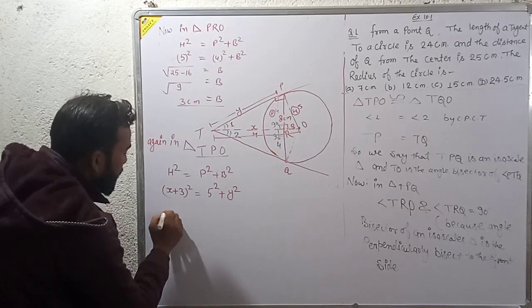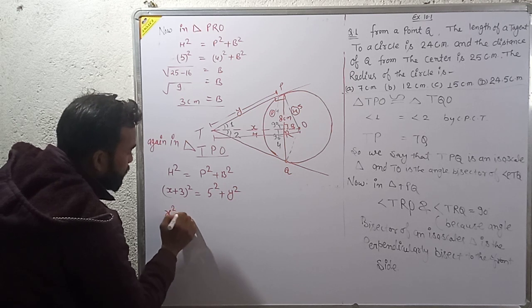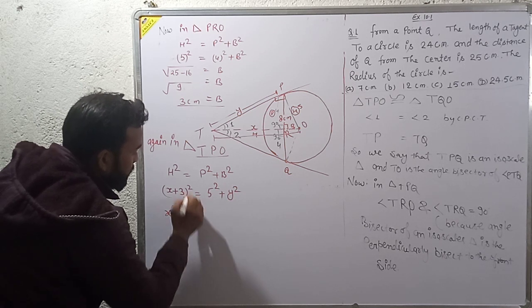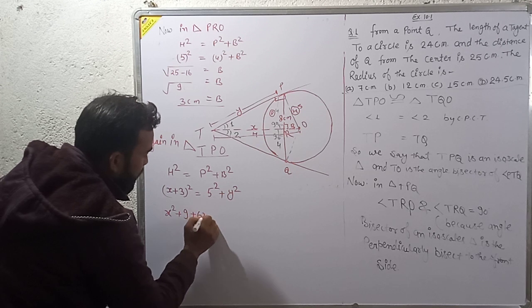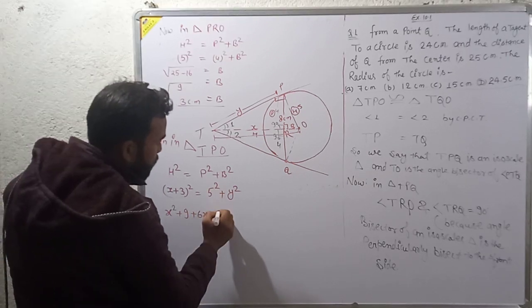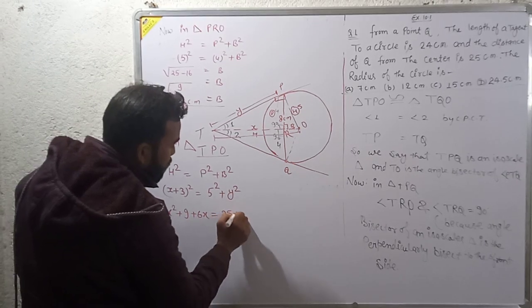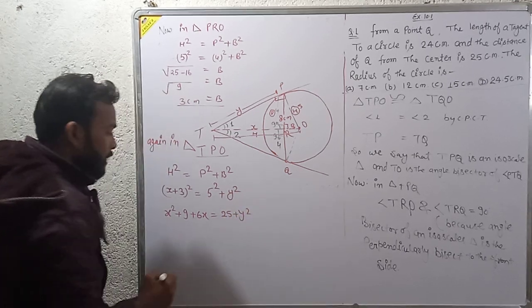So it will be x square plus 9 plus 6x is equal to 25 plus y square. Clear?